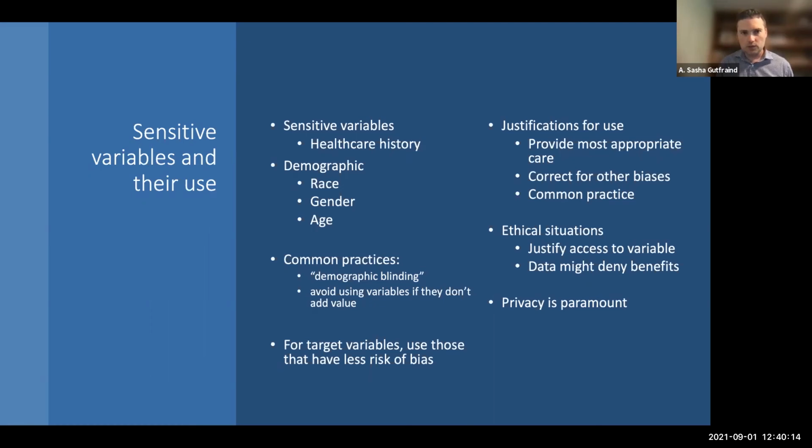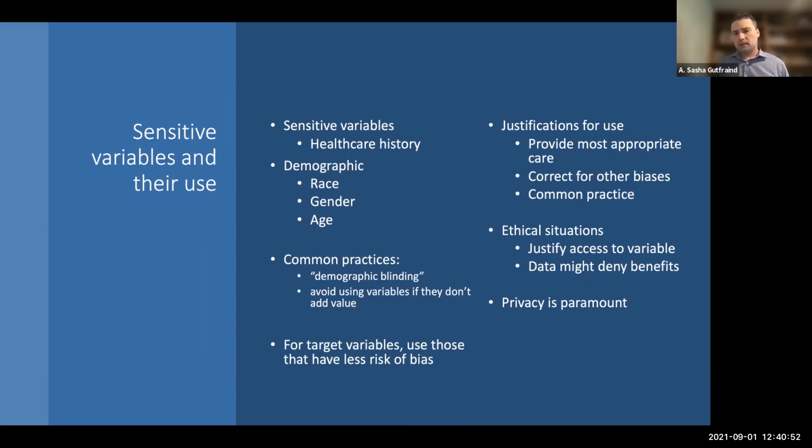For example, if your algorithm is making a financial decision that may harm a patient, then ethics might demand that you not include these categories, some of these or all of these variables, in the decision making. Generally, what I find is that there is justification for using these variables if they can help the algorithm provide the most appropriate care or correct for biases that are present elsewhere.